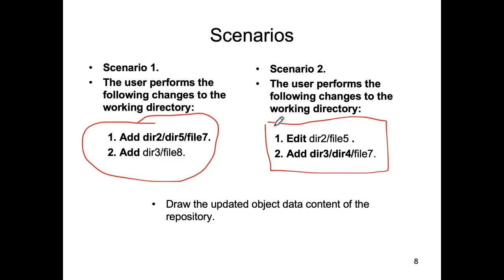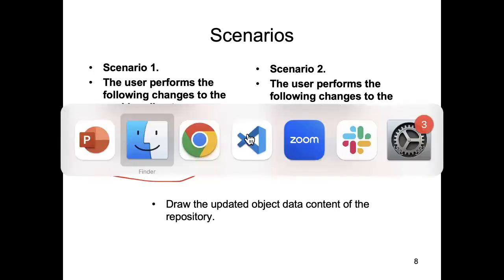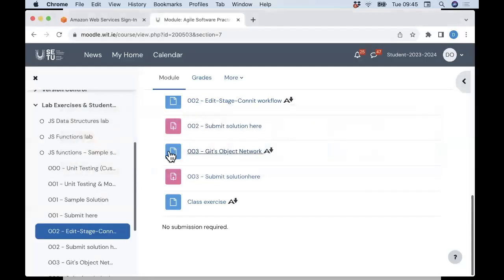Right, so you can get these slides on Moodle. Where did I find them? I got them here behind this one, and you can do that later on. The next topic I want to look at is branching.